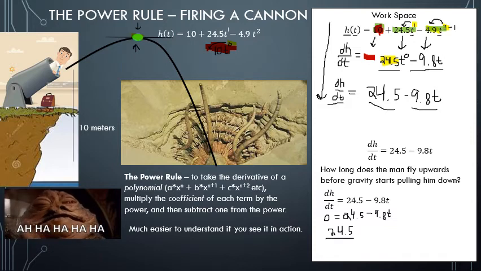So 24.5 divided by 9.8 equals t. 24.5 divided by 9.8 equals 2.5. So 2.5 seconds. So the question was, we're given this equation for h. We're given the h equation right here.